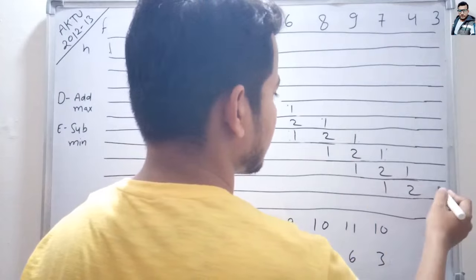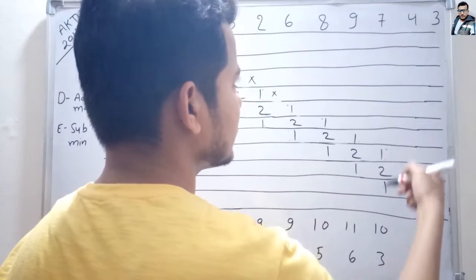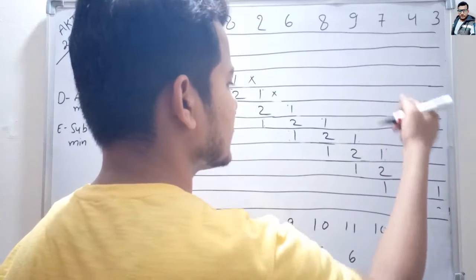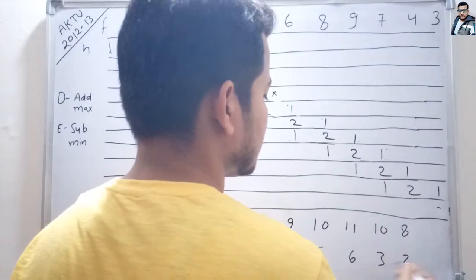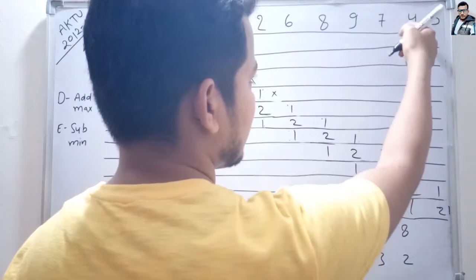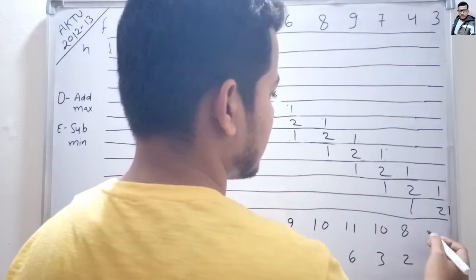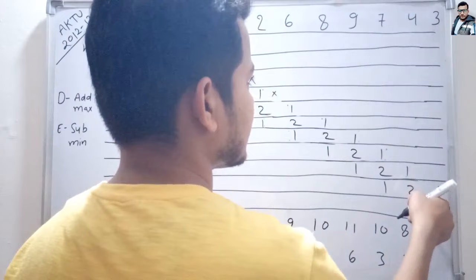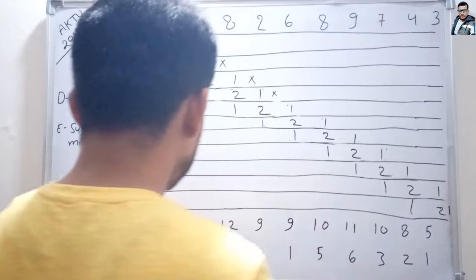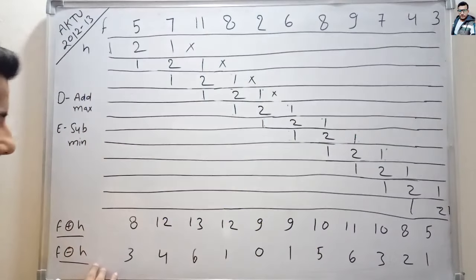Again we shift: 8, 6 and 4, so 8 is the maximum, and 6, 2 and 2, so 2 is the minimum. Again we shift: here 4 plus 1 is 5 and 5, so the maximum is 5, and 4 minus 1 is 3 and 3 minus 2 is 1, so the minimum is 1. So this is the dilation and erosion.